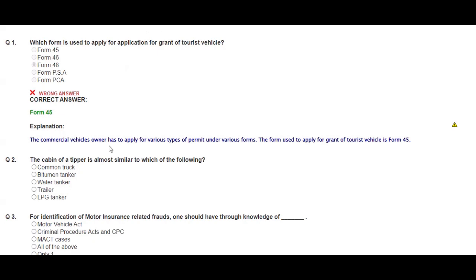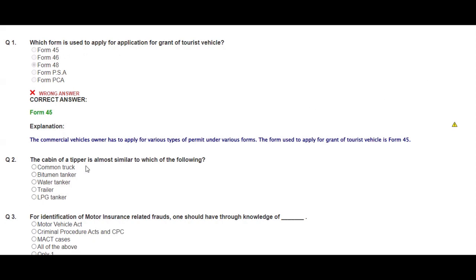Form 45 means the commercial vehicle owner has to apply for various types of permit under various forms. The form used to apply for grant of tourist vehicle is form 45.